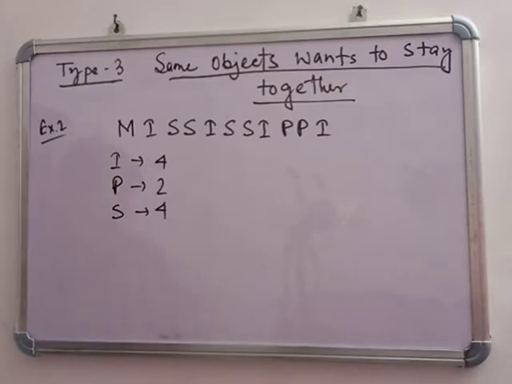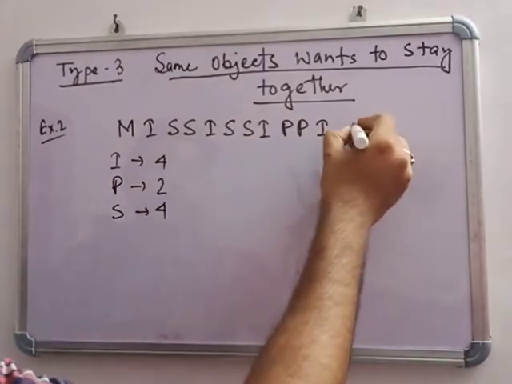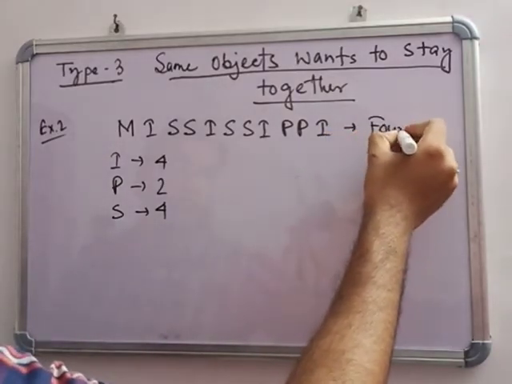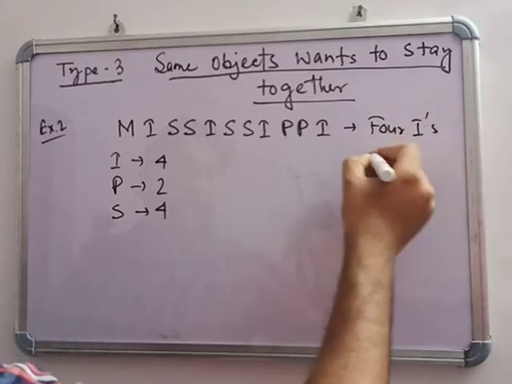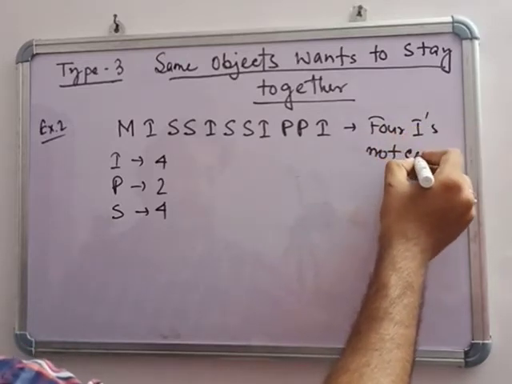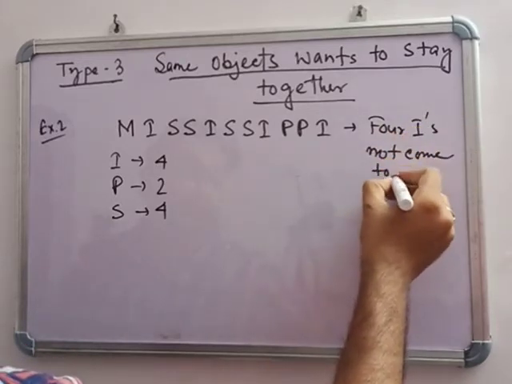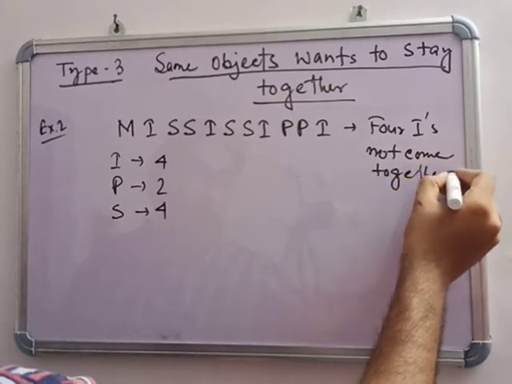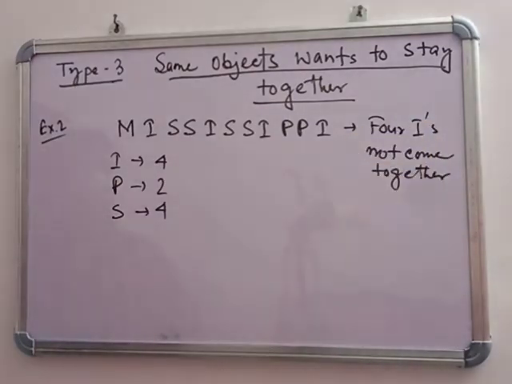So you have to find the total arrangement first, then subtract the arrangements in which the 4 I's come together.